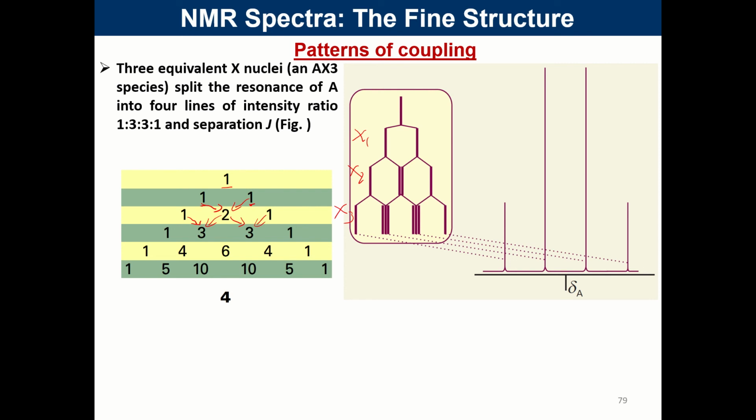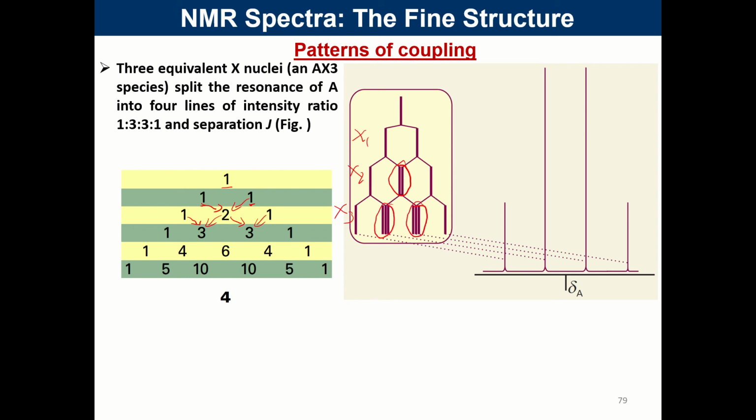So this is a scheme that you can build up very easily, and you can understand it from here also. Now each one of them, in the third interaction, each of these lines will split further into two equally spaced lines. So three of them are strengthening each other, like this.